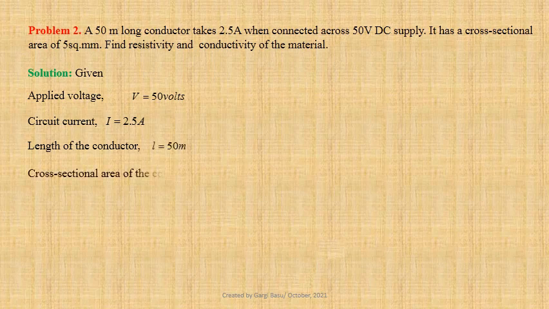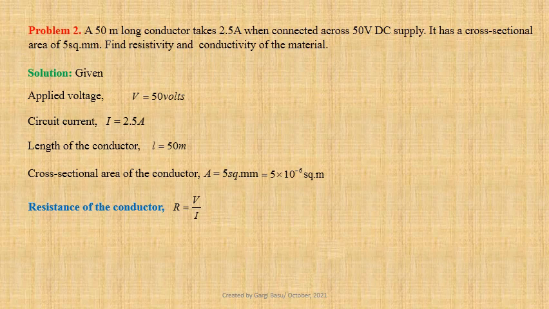Cross-sectional area of the conductor A equals 5 square millimeters, that is equal to 5 into 10 to the power minus 6 square meter. Let us first calculate resistance of the conductor R equals V divided by I. Using values we get 50 divided by 2.5, that gives us 20 ohm.